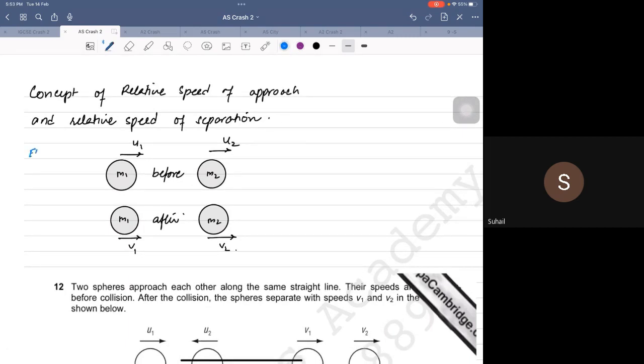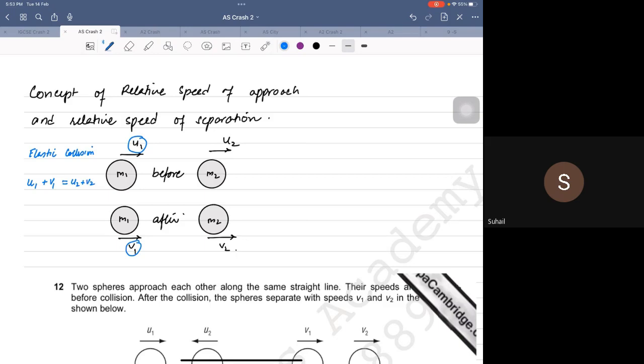In case of an elastic collision, you must always remember this: u1 plus v1, whatever these two are, should always be equal to u2 plus v2.